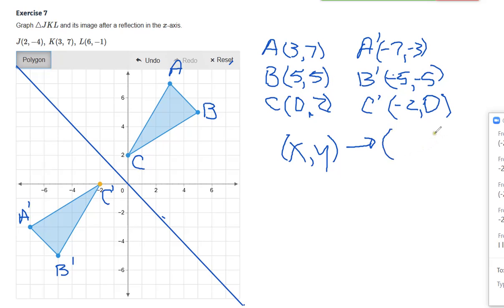Would anyone like to make a guess about what I could write here in terms of x and y? Anybody at all? What we're doing is we're coming up with a rule here. See how 3, 7 and -7, -3, they're obviously related.